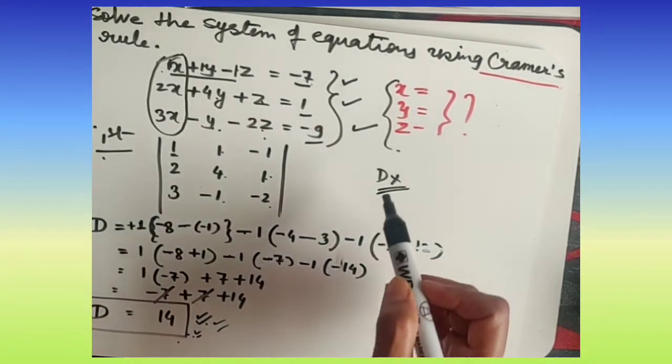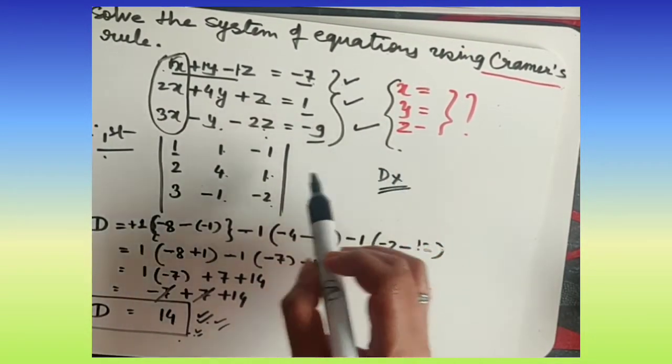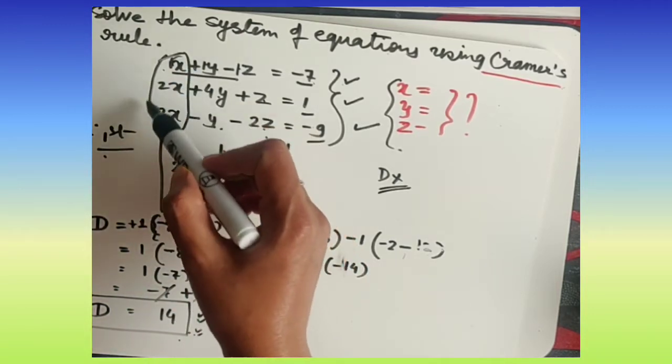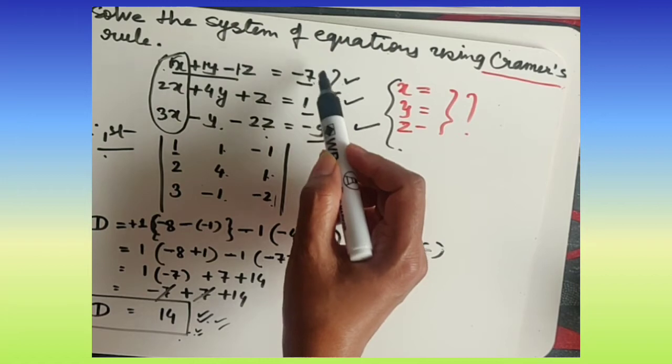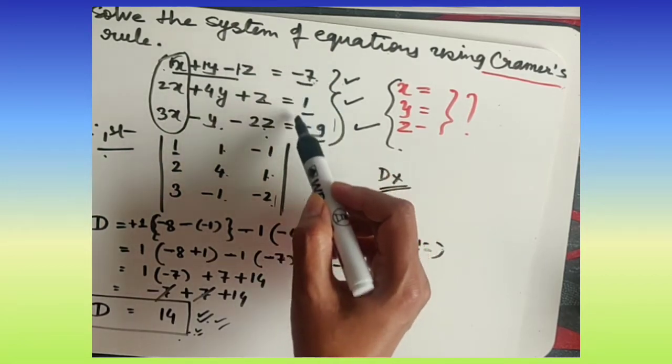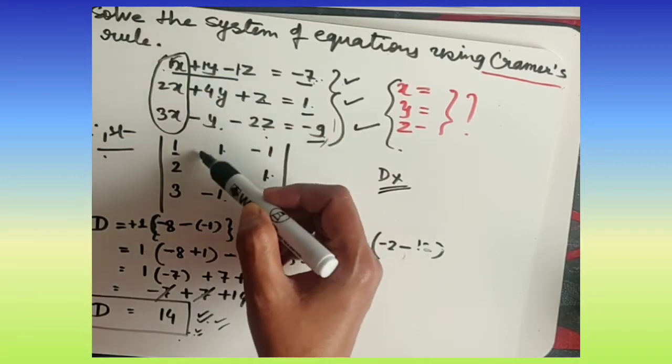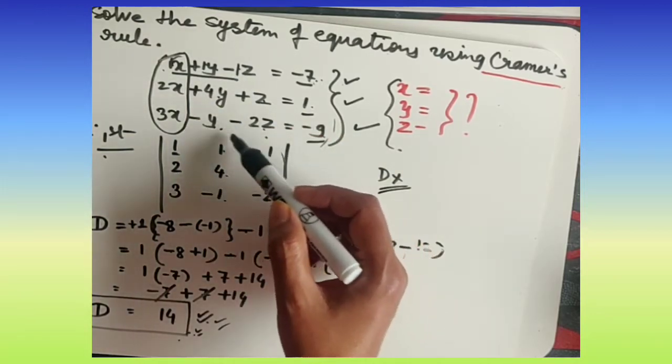So dx: we will write down the coefficient matrix, but in place of the x column we will substitute the constants: -7, 1 and -9, and as it is we will write down the coefficients of y and z.